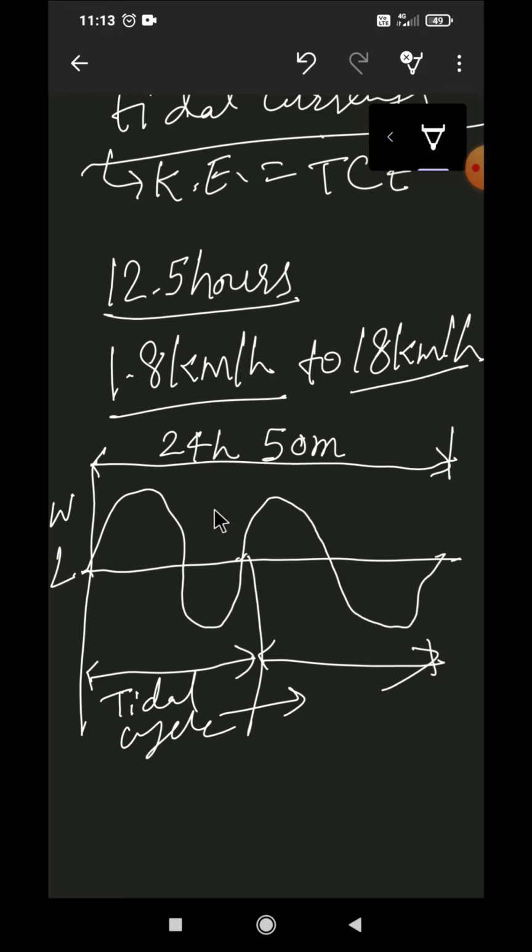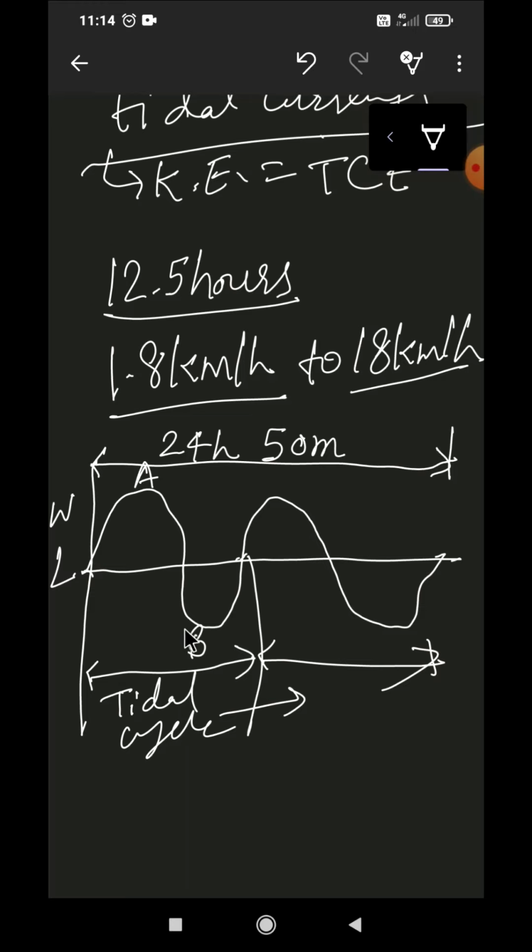In a complete tidal cycle, the upper point we will call A, and the lower point we will call B. The rise and fall of the water follows a sinusoidal curve, a sine curve. Point A indicates high tide, and point B indicates low tide.